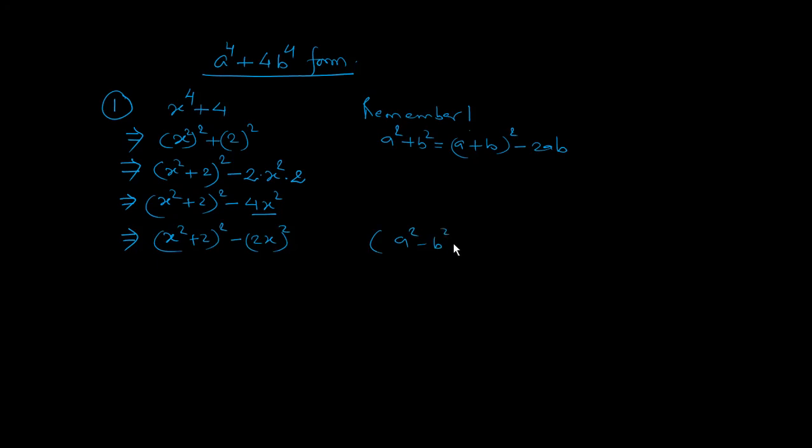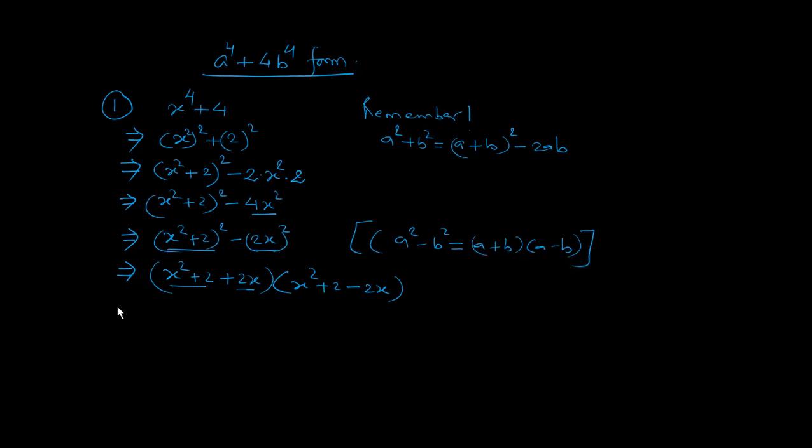Here also you have to remember the a square minus b square formula. You can apply a plus b times a minus b. So in the next step, this is a, this is b. So x square plus 2 plus 2x, and similarly x square plus 2 minus 2x.